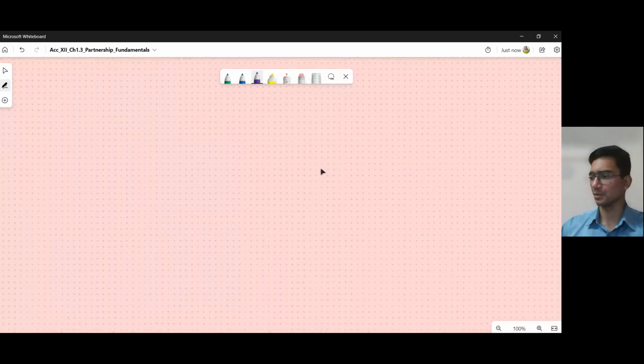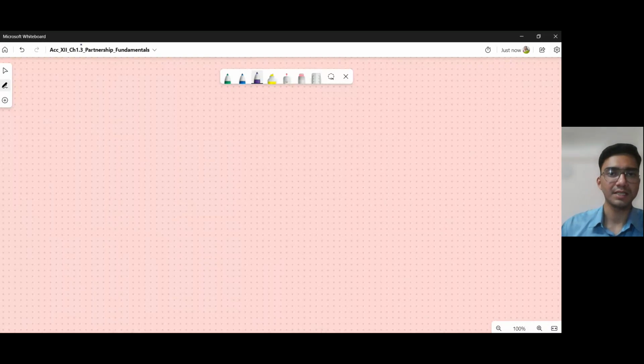So let's go to the first one, which is called the fixed capital method or the fixed method. Under the fixed method, we are going to make the format for the first of them, which is called partners capital account.